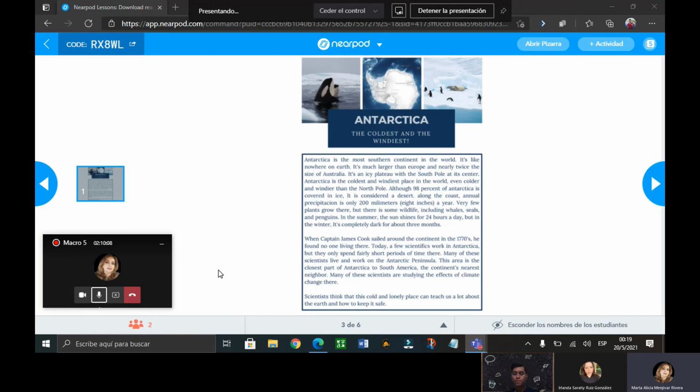This area is the closest part of Antarctica to South America, the continent's nearest neighbor. Many of these scientists are studying the effects of climate change there. Scientists think that this cold and lonely place can teach us a lot about the earth and how to keep it safe.